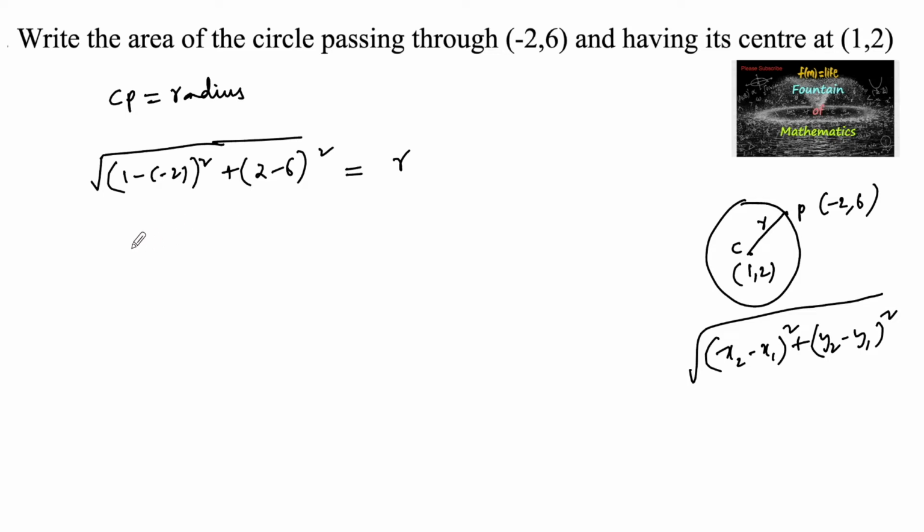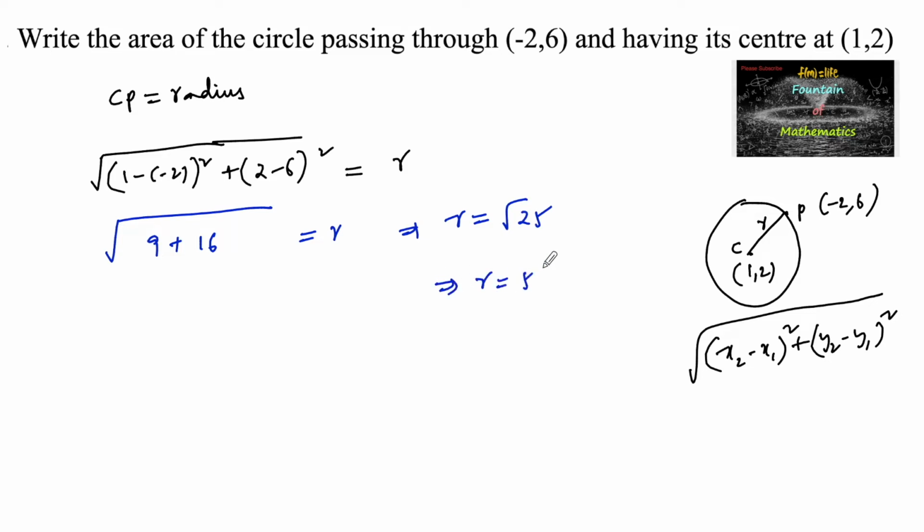Or we can also write under root of 1 minus of minus 2, that is 3, 3 square is 9, 2 minus 6 is negative 4, whole square is 16, which is R. So R is equal to root of 9 plus 16, that is 25, root 25.